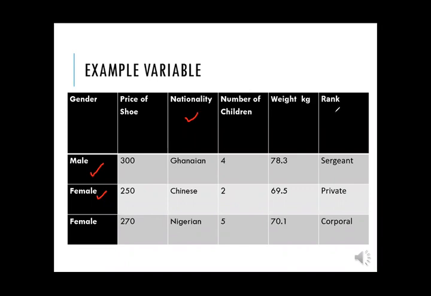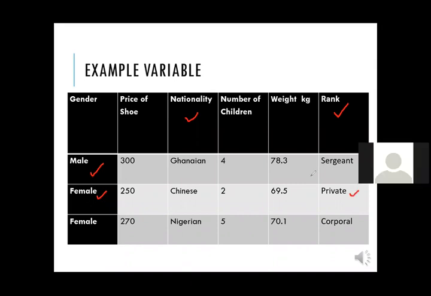But when we come to the next qualitative variable, which is rank, there are levels. You move all the way from private, I think private is the very first level, to corporal, to sergeant. The military folks may correct me on that.